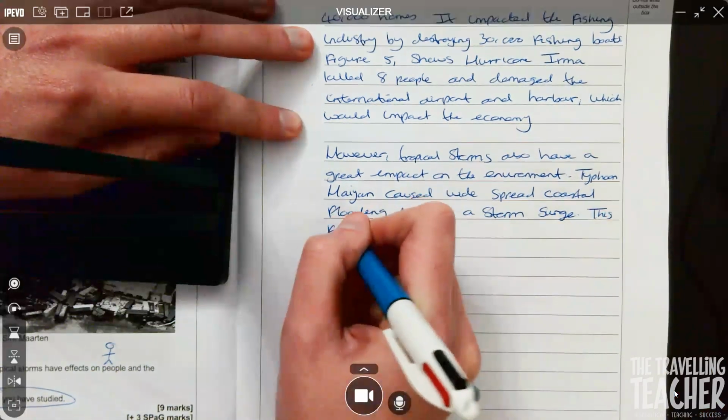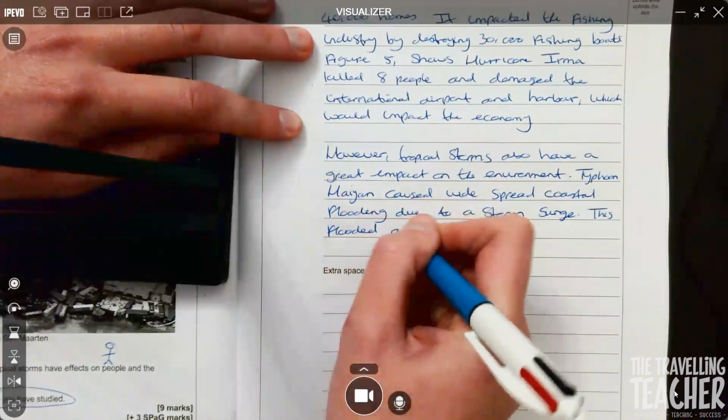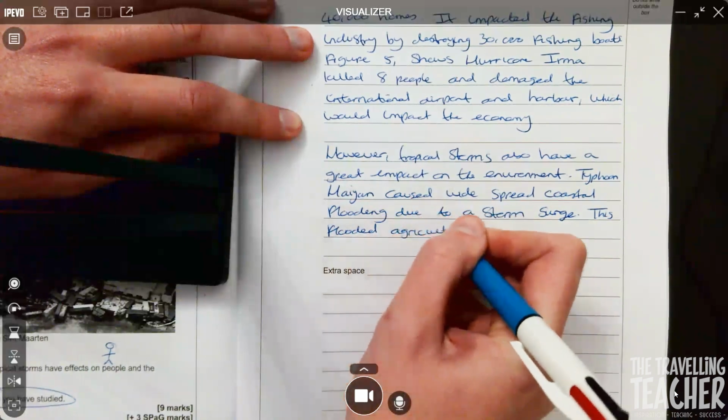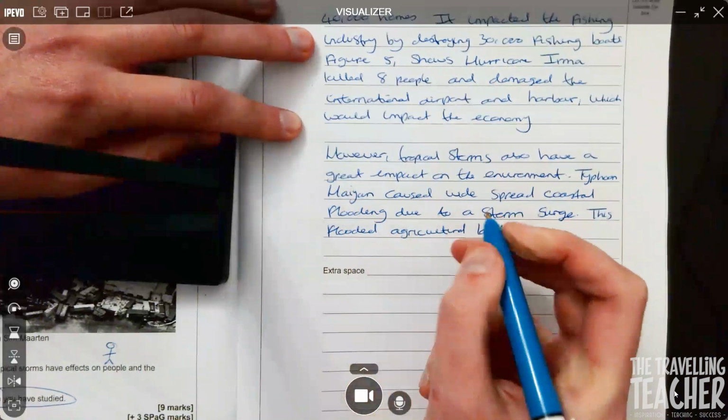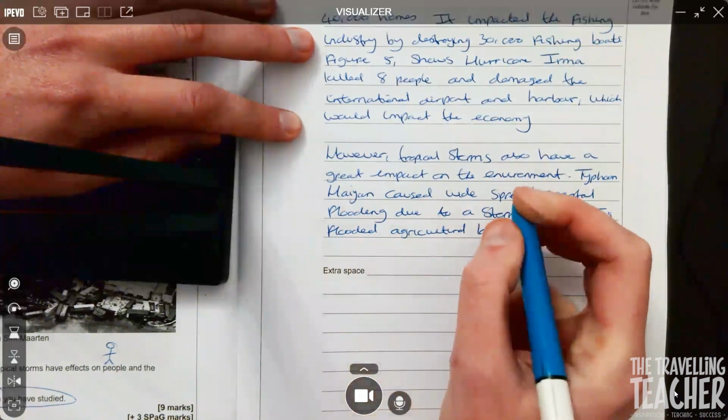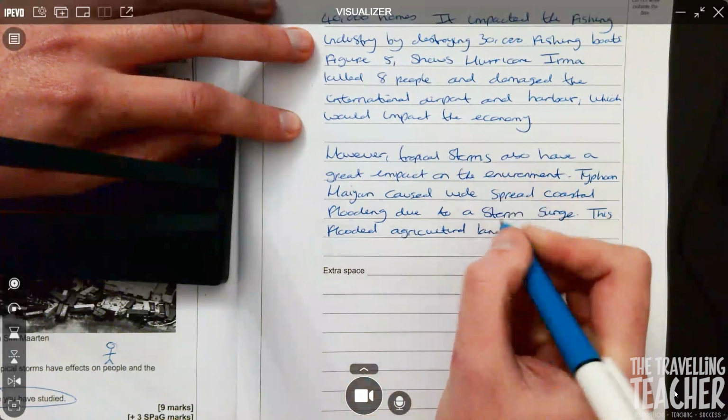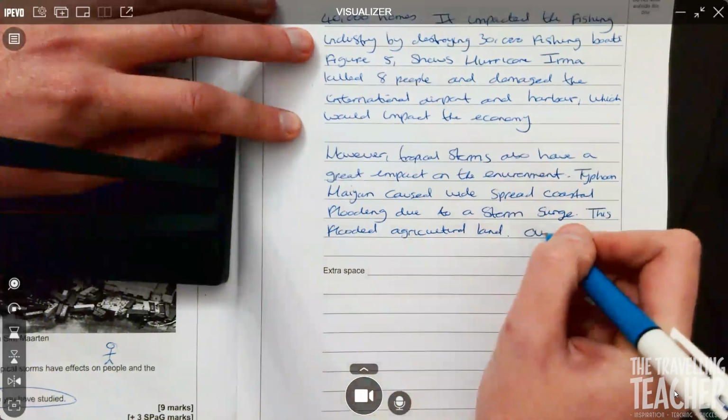This flooded agricultural land, full stop.